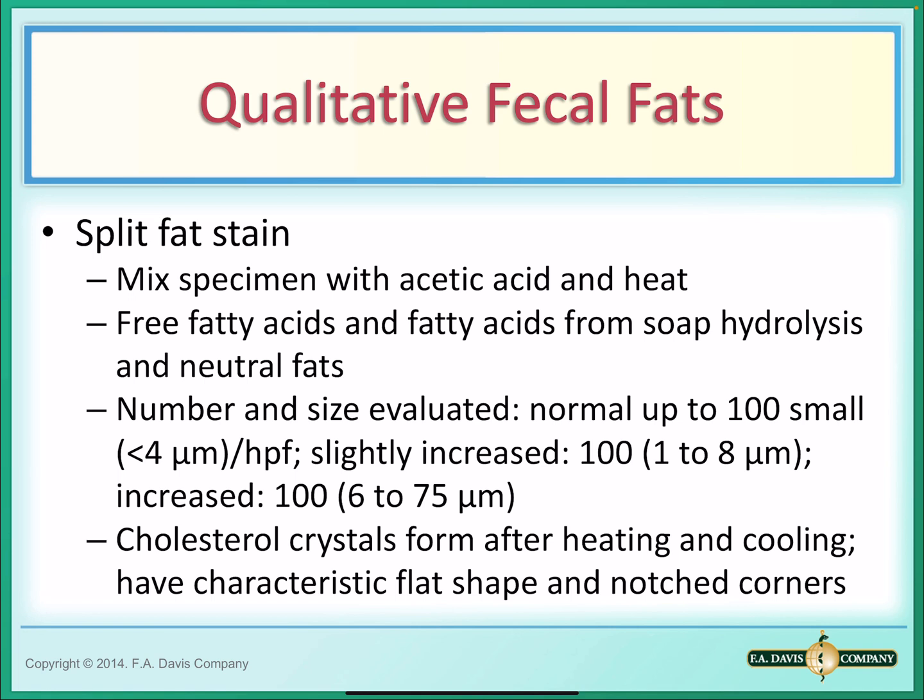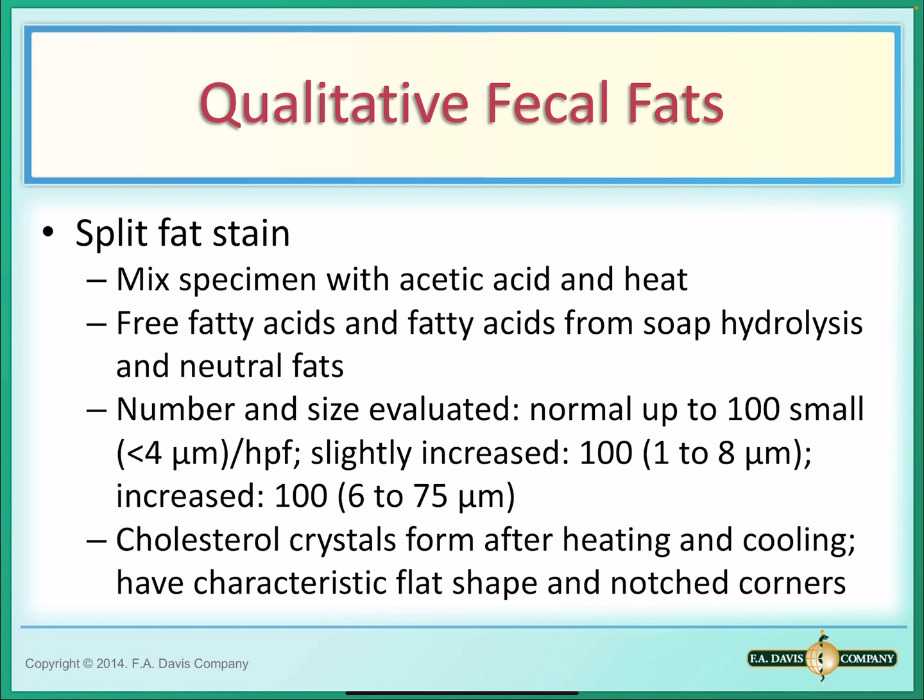Here is the split fat stain procedure. You will mix the specimen with acetic acid and heat the sample. Free fatty acids and fatty acids from soap, hydrolysis, and neutral fats will be determined using the split fat stain. You will count the number of fat droplets and evaluate the size.